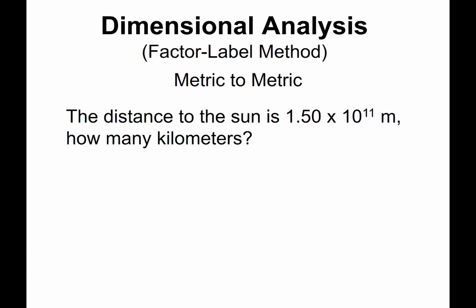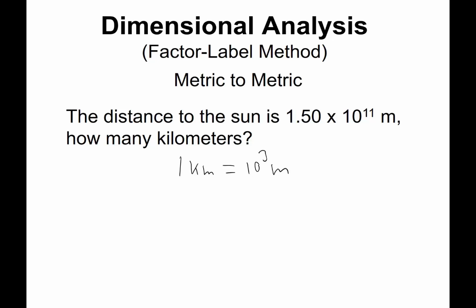Another single conversion factor conversion here. The distance to the sun is 1.50 times 10 to the 11 meters. How many kilometers is that? Okay, so meters to kilometers, we know that 1 kilometer is equal to 10 to the 3 meters.